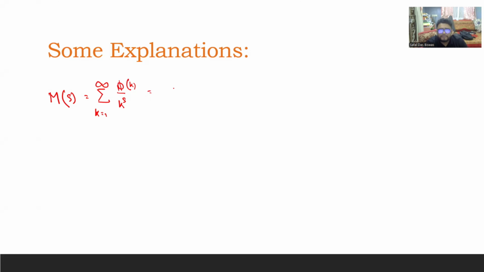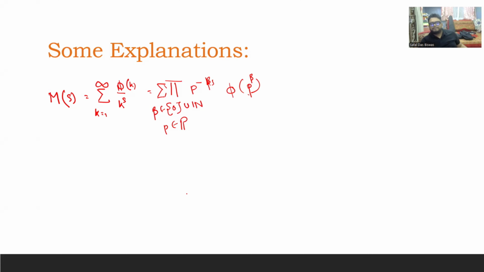So this is actually a product over primes of a summation over beta belonging to 0 union n, where p to the power minus k is minus, and beta is into phi of p to the power beta.